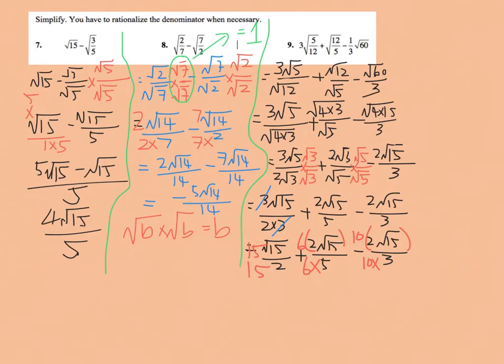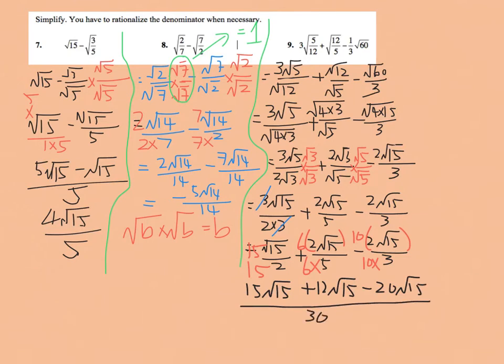And we end up with 15 root 15 plus 12 root 15 minus 20 root 15 divided by 30. I'll simplify the numerator by adding 15 to 12 and minus 20. So you end up with 27 minus 20, you end up with 7 root 15 divided by 30.